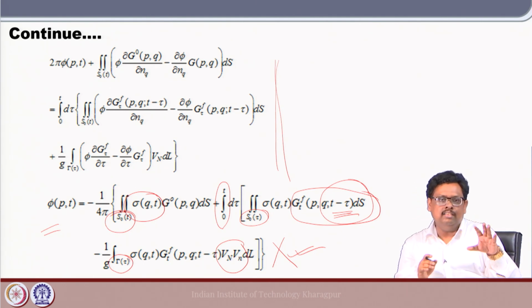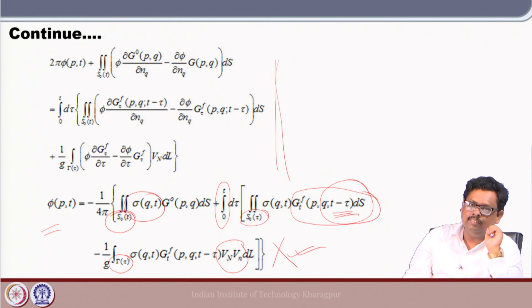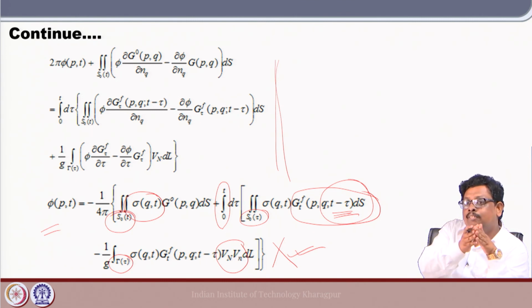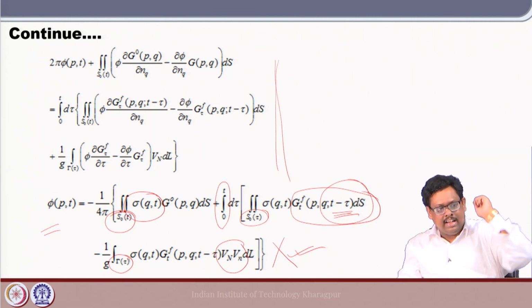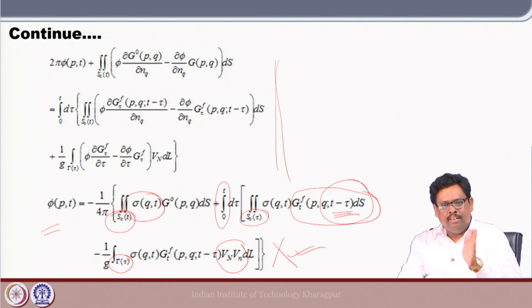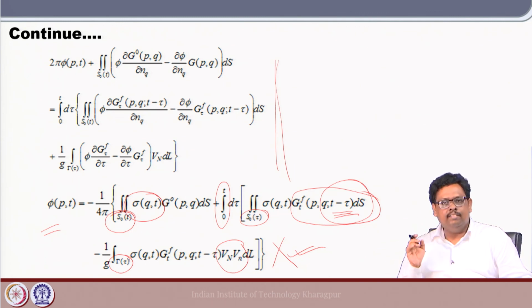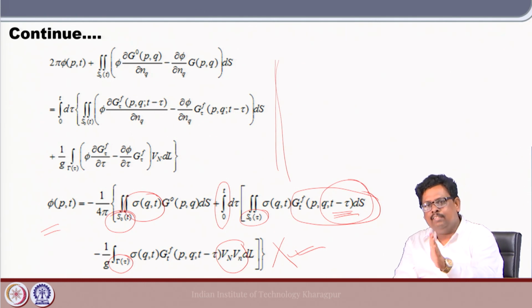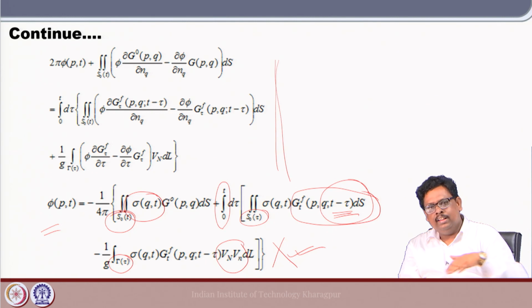So, at least you can guess now why we call this an impulsive Green's function, right, because in the Green's function again we have the memory effect. So, I am impulsing at this point and maybe some other point, and then I can see the memory effect also, because when the second time I make the impulse, I consider not only the impulse, but also the memory effect which is coming from my previous impulse, right.